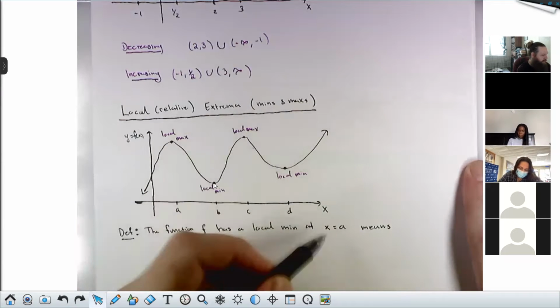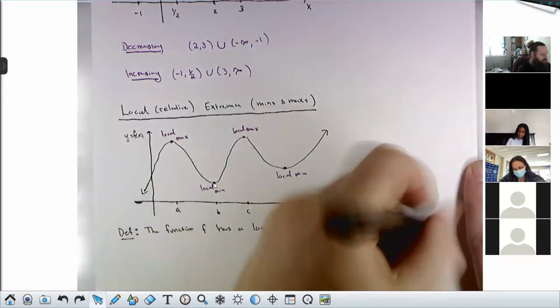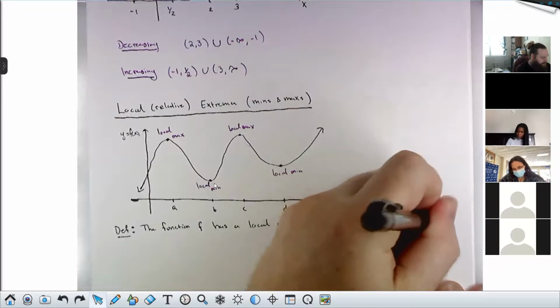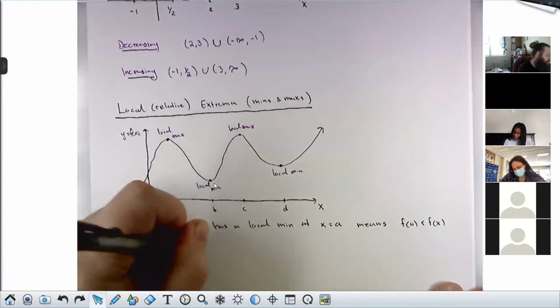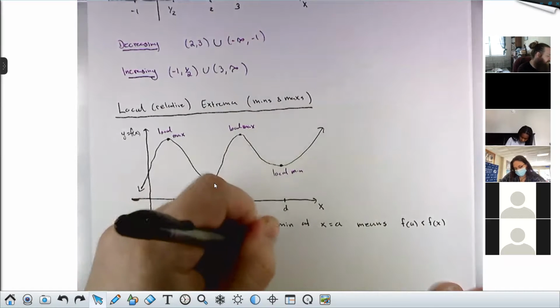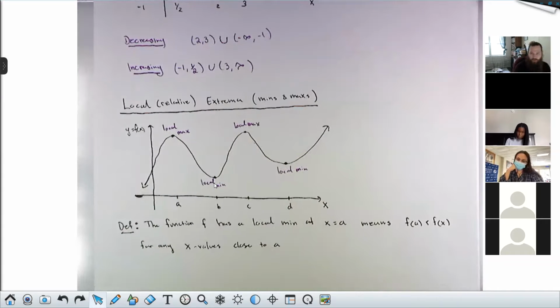Well, the y value at x equals a is f of a. That should be smaller than any y values nearby. So I would say f of a is smaller than f of x for any x values close to a. And the word close here is a bit of a mathematical cheat. What do I mean by close? Well, I mean you can find some interval centered there where that inequality is true on that interval.